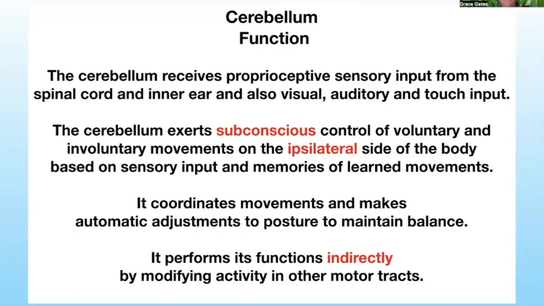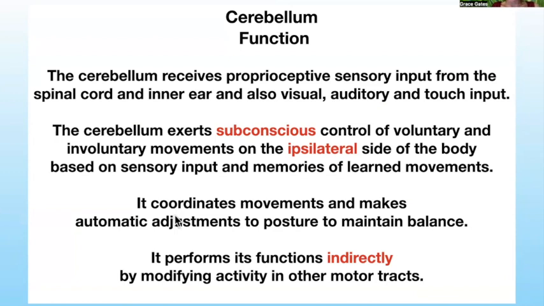Okay, the function of the cerebellum. The cerebellum receives proprioceptive sensory input from the spinal cord and inner ear, and also visual, auditory, and touch sensory input. The cerebellum exerts subconscious control of voluntary and involuntary movements on the ipsilateral side of the body, based on sensory inputs and also on memories of learned movements, like riding a bike or playing the piano.